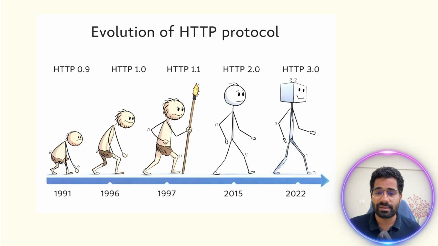That will help us understand the evolution process of application layer protocols, beside HTTP or gRPC or any other application layer protocols that can be used during system designs. So, let's get started with the very first HTTP version that we had, HTTP 0.9.